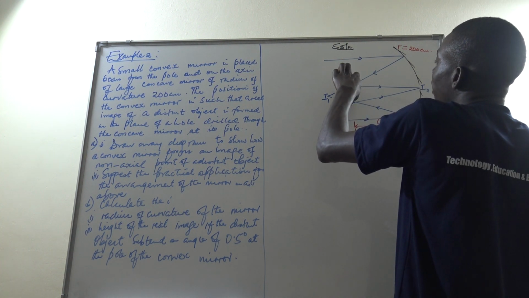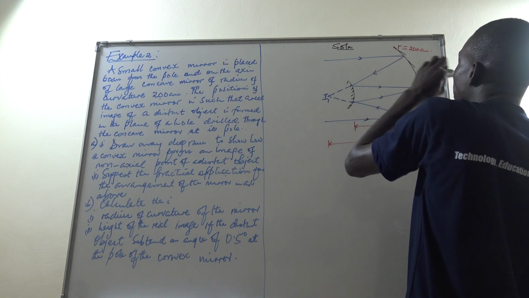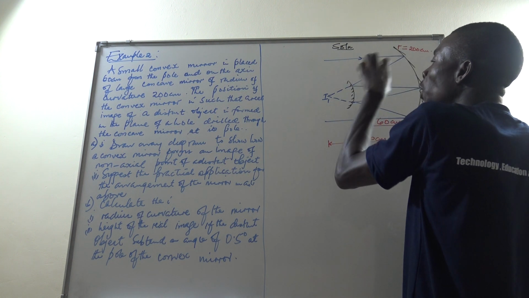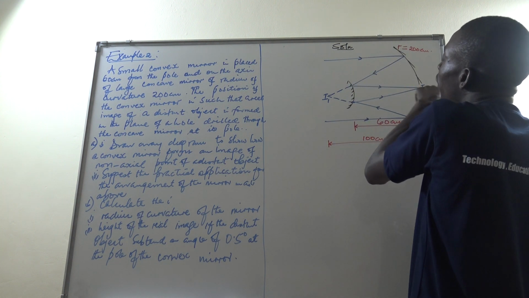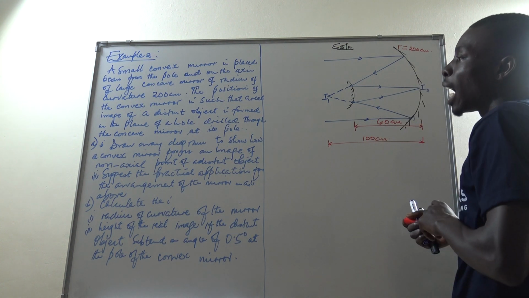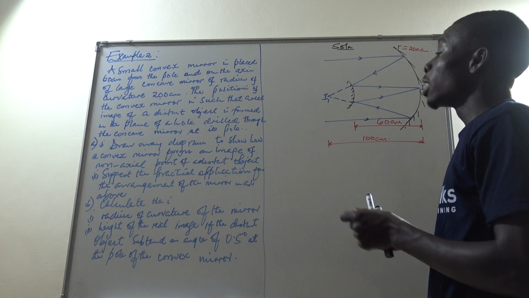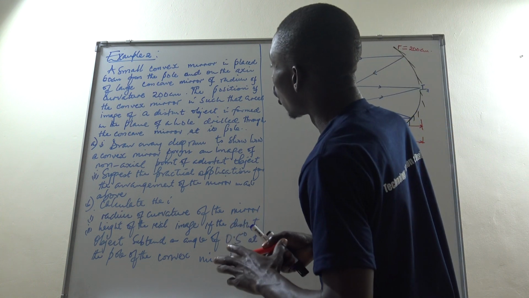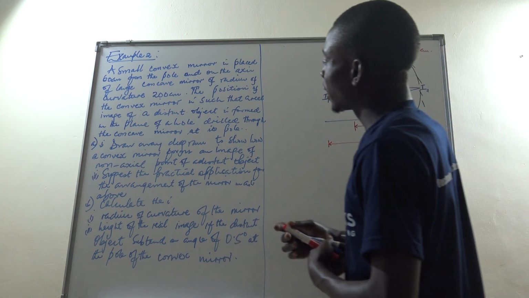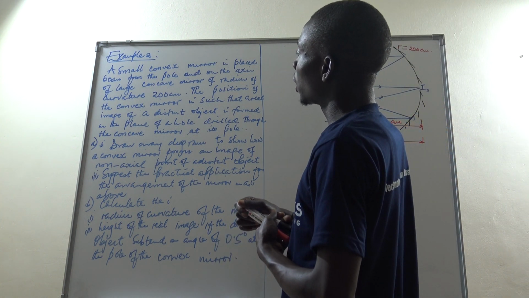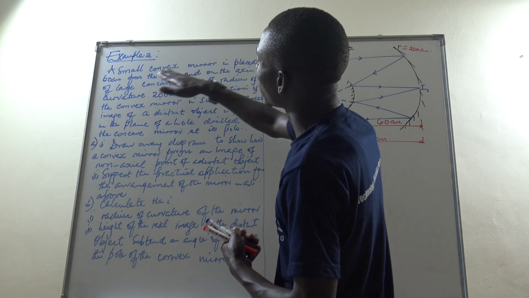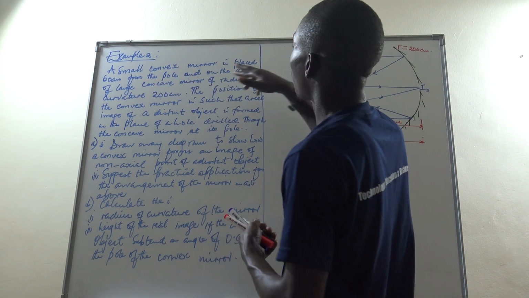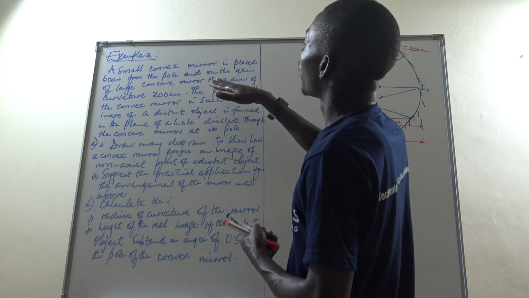But because this mirror is there, it will reflect it, and they are saying that the arrangement or the position of the mirror is such that its final image comes at the pole of this one here, and that pole has a hole that is drilled through it. And that is exactly what they are talking about, that a smaller convex mirror is placed 60 centimeters from the pole and on the axis of a concave mirror.